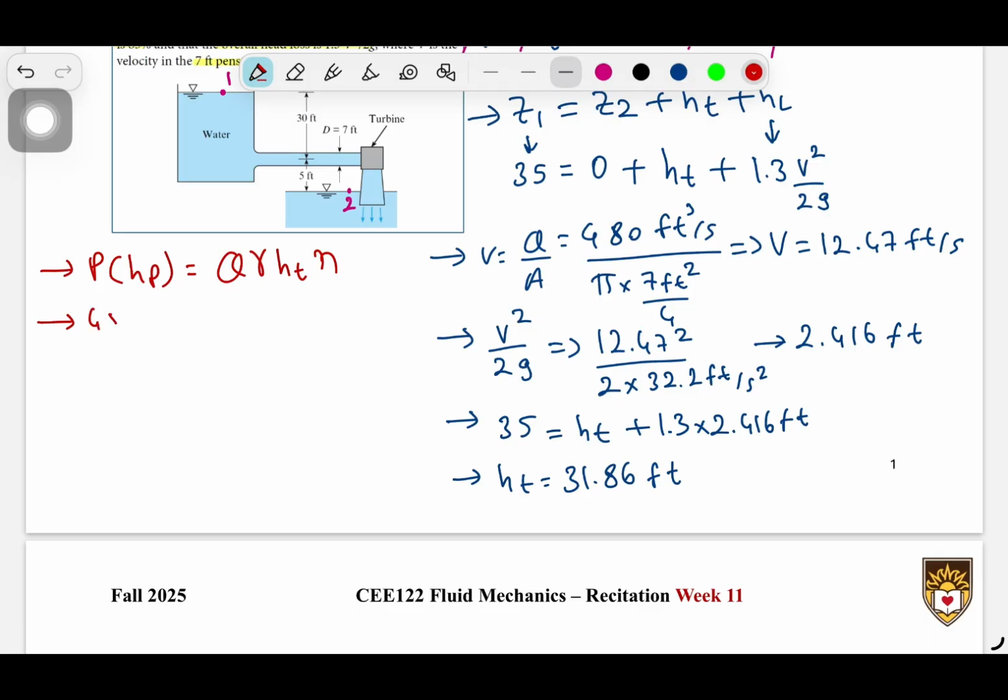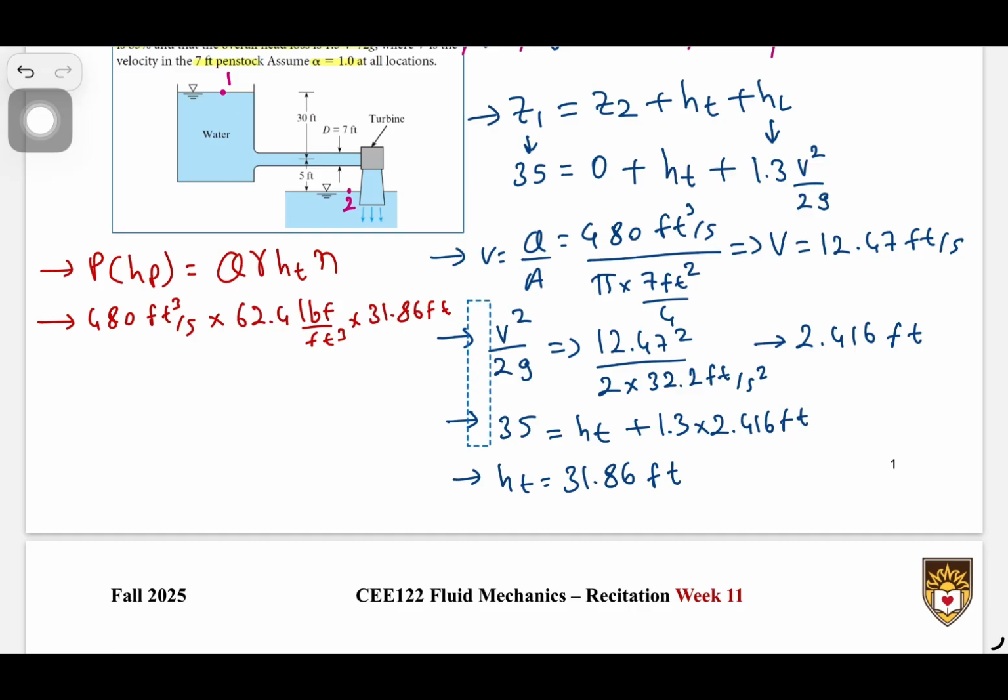So we have 480 cubic feet per second times 62.4 times the head.